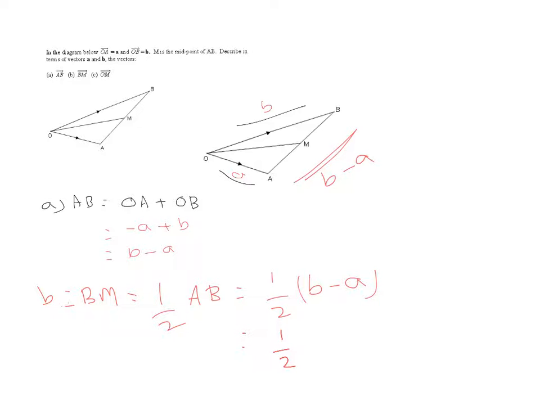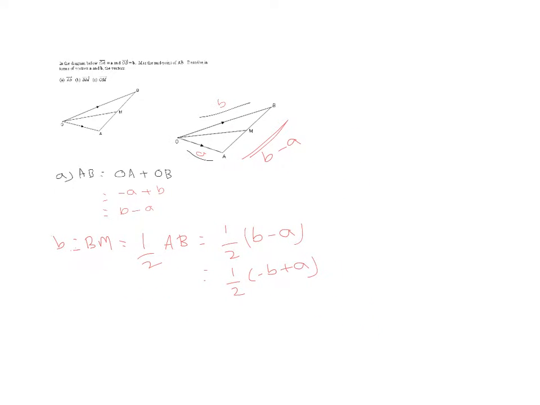So when you write half of minus B plus A, the sign changes here. Minus A becomes plus A, plus B becomes minus B. So if we write again, half of A minus B is the answer.